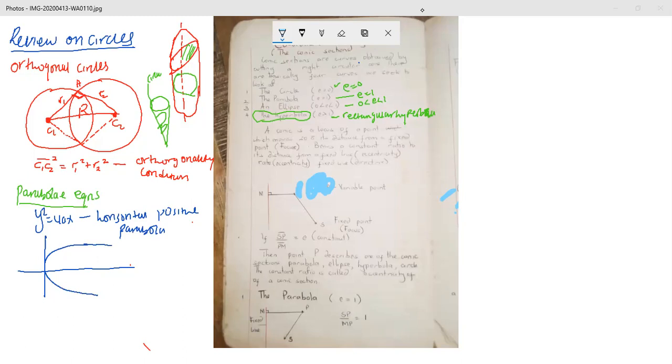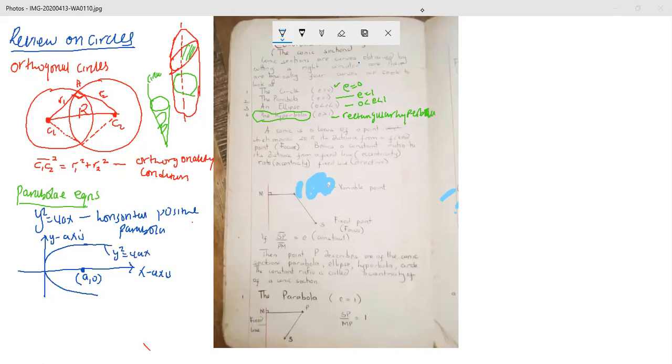Looks like this, with the focus here, which is A0, with this as the x-axis and y-axis. So this is the positive parabola, which is y squared is equal to 4ax.